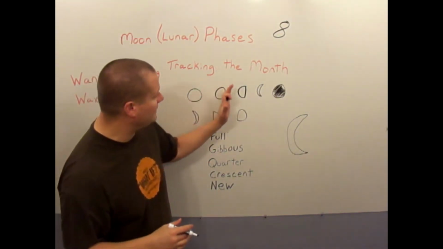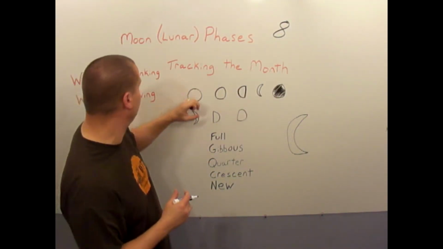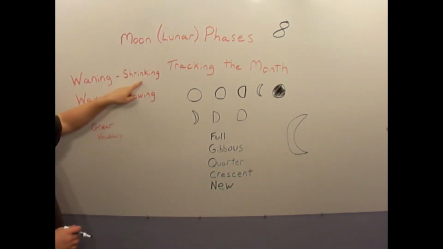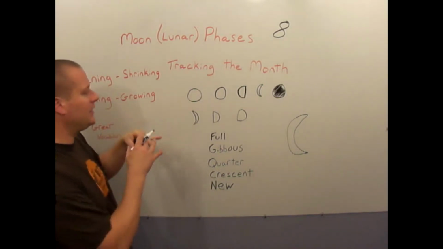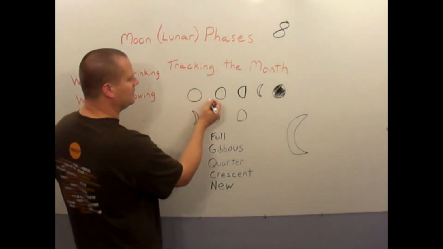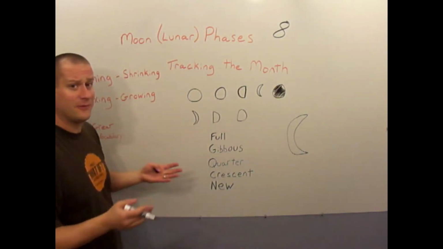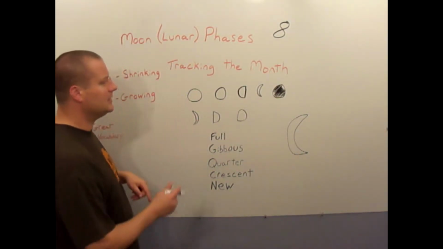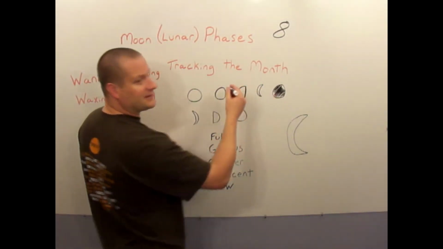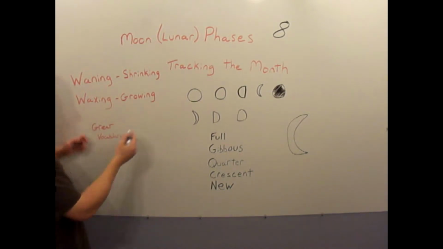That whole process, the big moon in the sky is shrinking. When something's shrinking, that's called waning, or it's waning away. So you start with the big full moon, it starts waning all the way to the new moon. Now we're not done with the full cycle yet until we get back to the full moon. Once we get to the new moon, that's kind of the end point, and then it starts waxing.